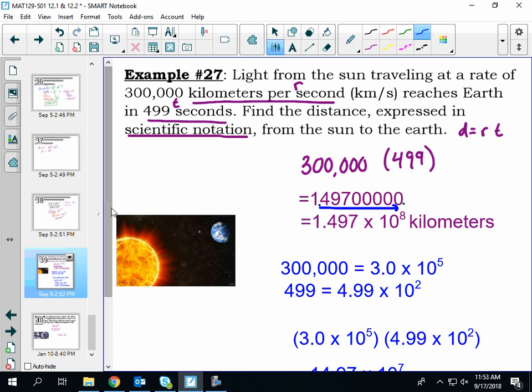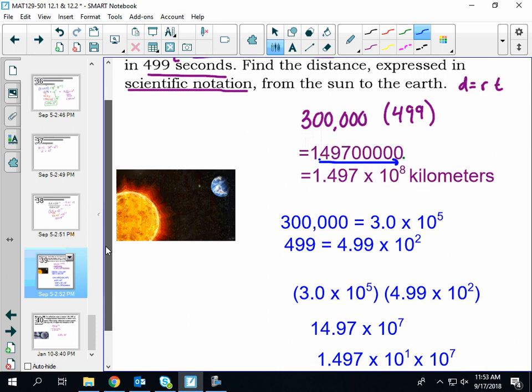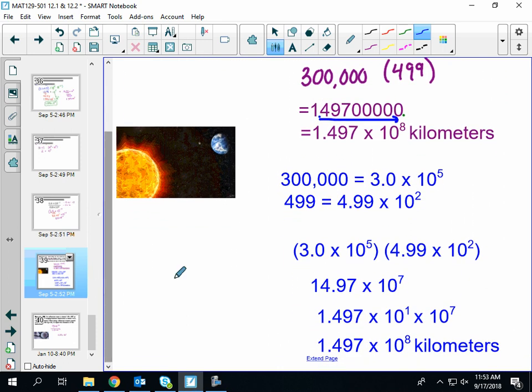You could have also looked at this problem and said they want my answer in scientific notation. So the first thing you could have done was convert those original numbers into scientific notation. The decimal point in 300,000 is at the end of the number, and we want our new decimal point in between the 3 and the 0.